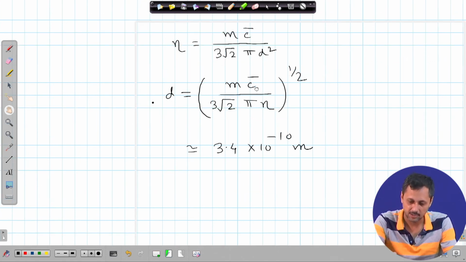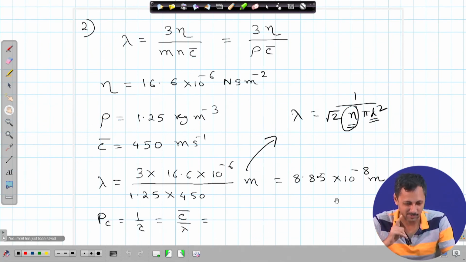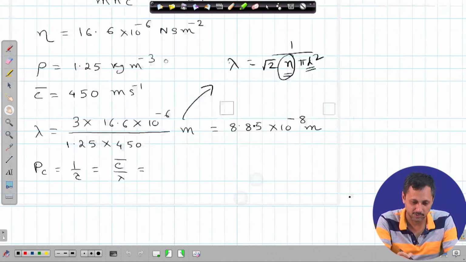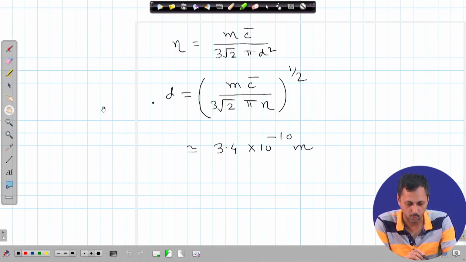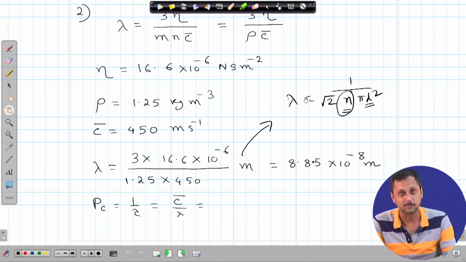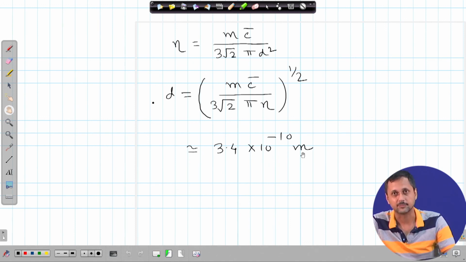We have c bar, we have, oh no, actually my mistake, n will be necessary, because without n we cannot compute m, since what is given here is rho. So basically this technique is the same, just writing it another way, my mistake. So, we finally get 3.4 into 10 to the power minus 10 meters.